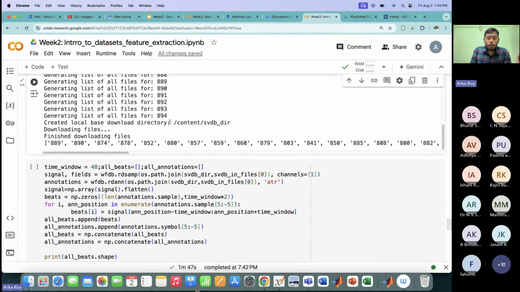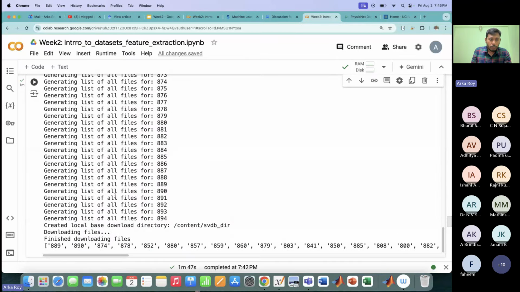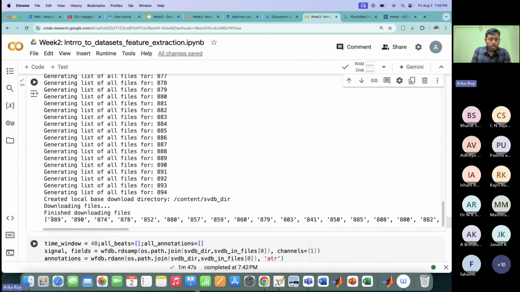Okay, so we have loaded all the files from this particular website. These are the file names, 889, 890. These are the patient indexes. If you go to any hospital which has an archiving system, you are assigned a number, and whatever test result or report you have in the hospital is electronically saved.